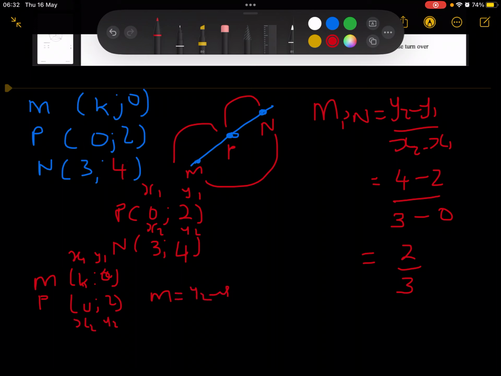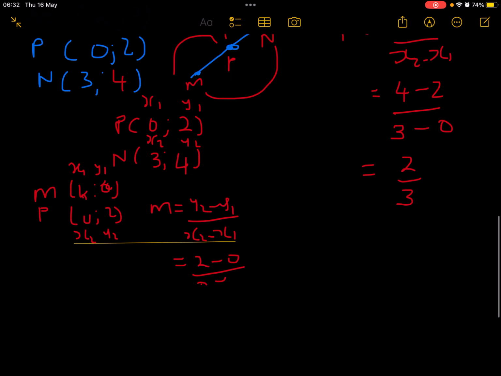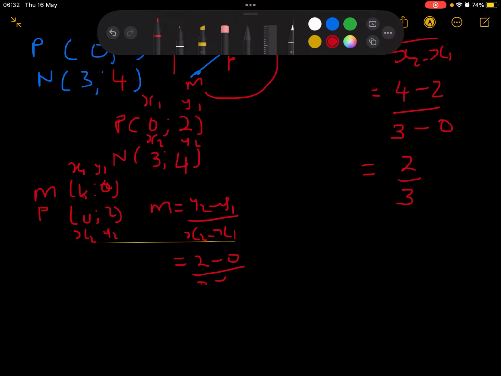Now y2 minus y1 over x2 minus x1, which is equal to 2 minus 0 over 0 minus k. Now this gives us a 2 over negative k.